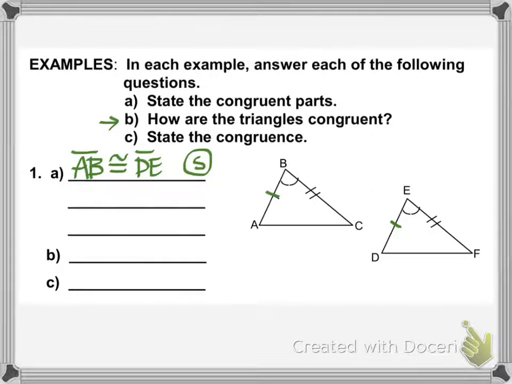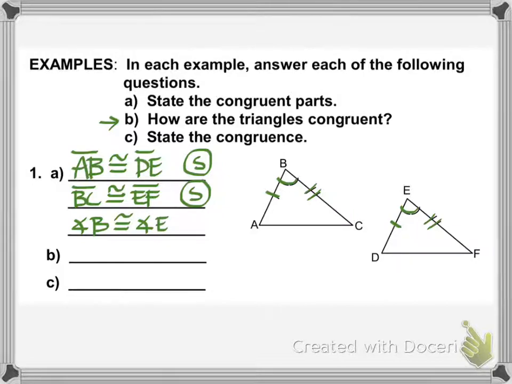All right. So those are sides, so I put an S. We also see another pair of sides that are congruent with the two ticks. That would be side BC or CB, and that is congruent to side EF or FE. You can name it either way. And that is another pair of sides that are congruent. And then we also see the angles between those sides, or included by those sides, angle B and angle E. Those are also congruent.